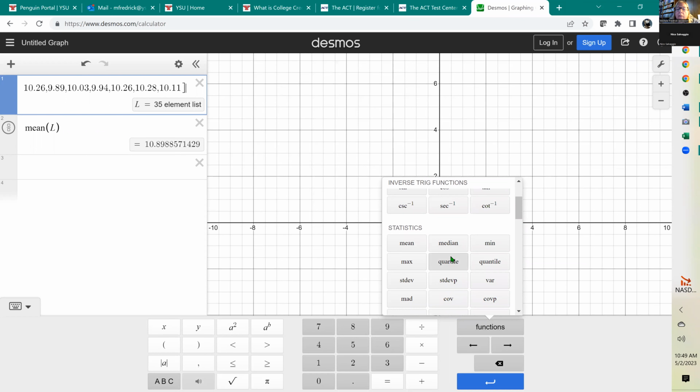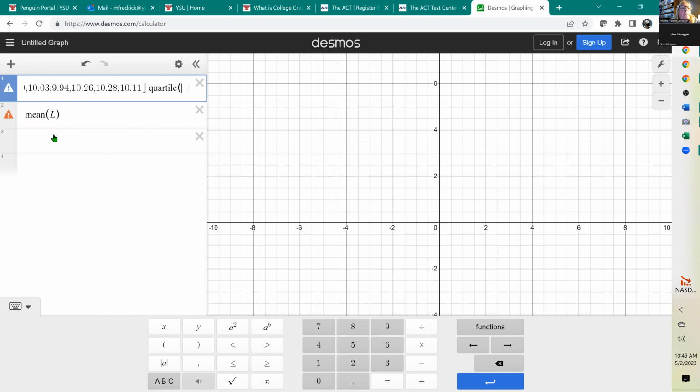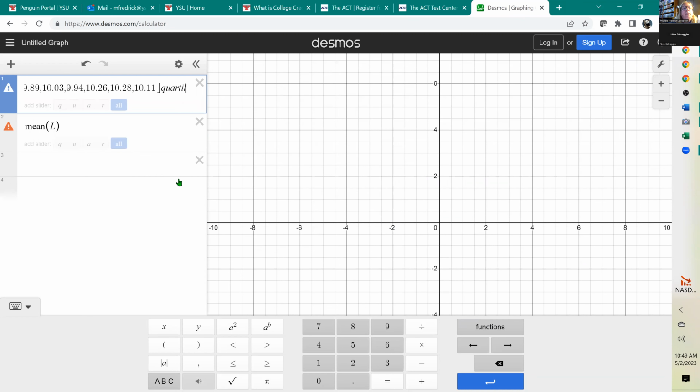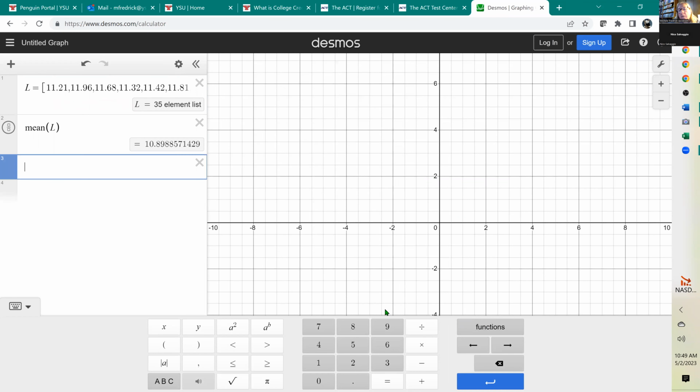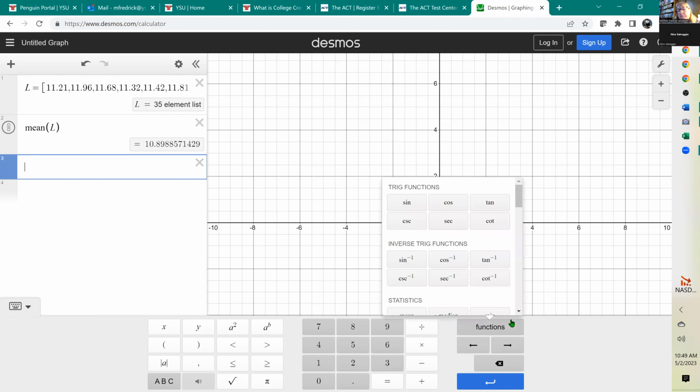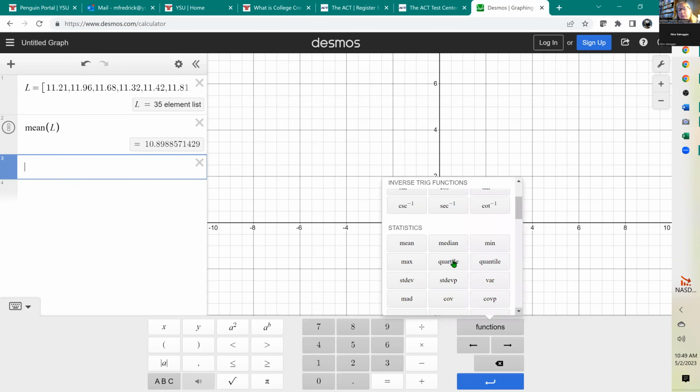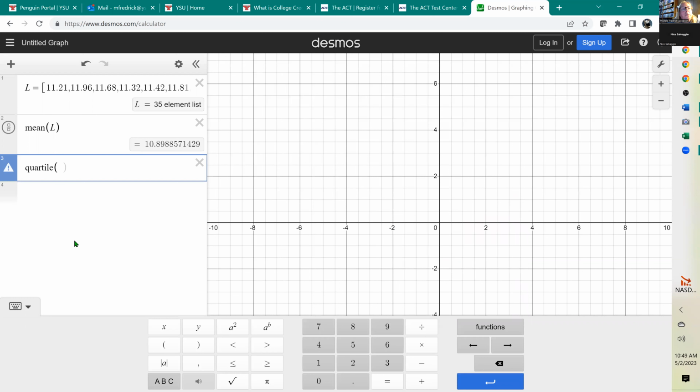Quartile. Oops, I must have been on the top part. When you're doing the quartile, you have to tell it which one you want. So you want L, I think it's colon. Nope.